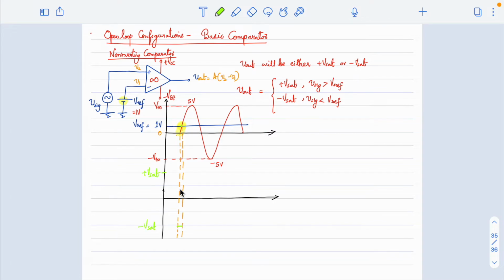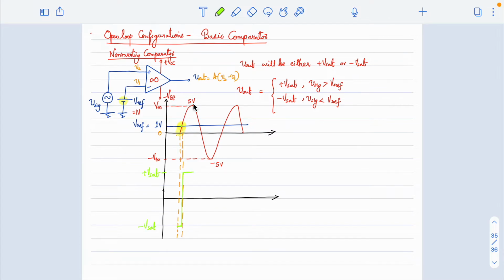From negative Vsat, the output will tend to rise, but quickly the positive input terminal is increasing further, and that will make your output switch from minus Vsat to plus Vsat. So this is the instant where output will switch like this, and then it will come to plus Vsat.